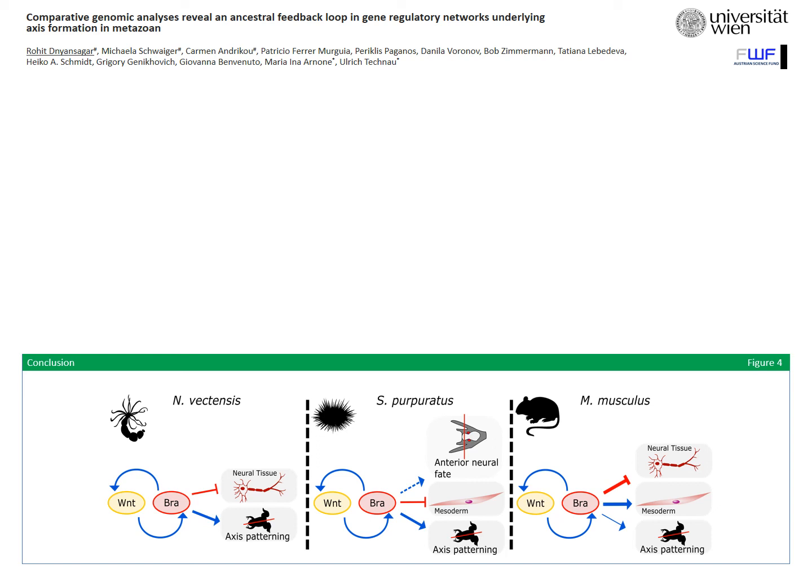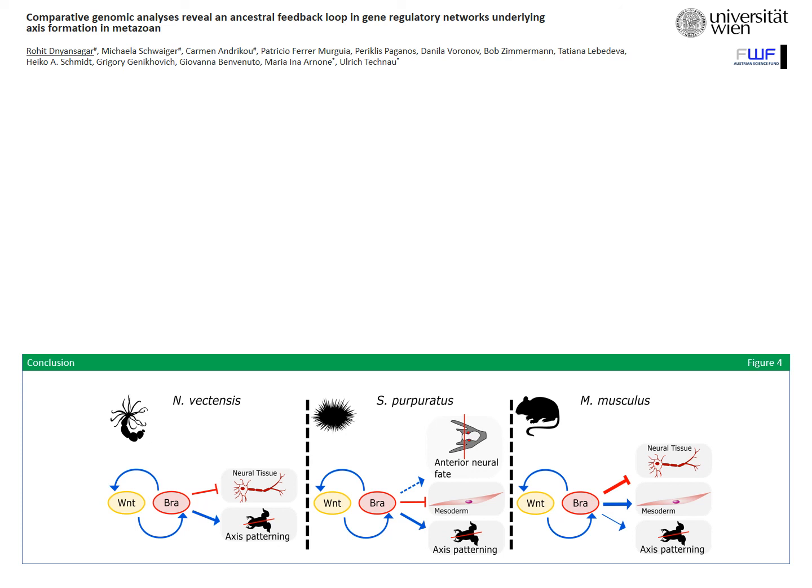For instance, in Nematostella, it downregulates the neural fate genes and activates the axis patterning genes. Whereas in sea urchin, it suppresses the mesodermal genes while also activating the axis patterning genes, and has some function in anterior neural fate determination in sea urchin.